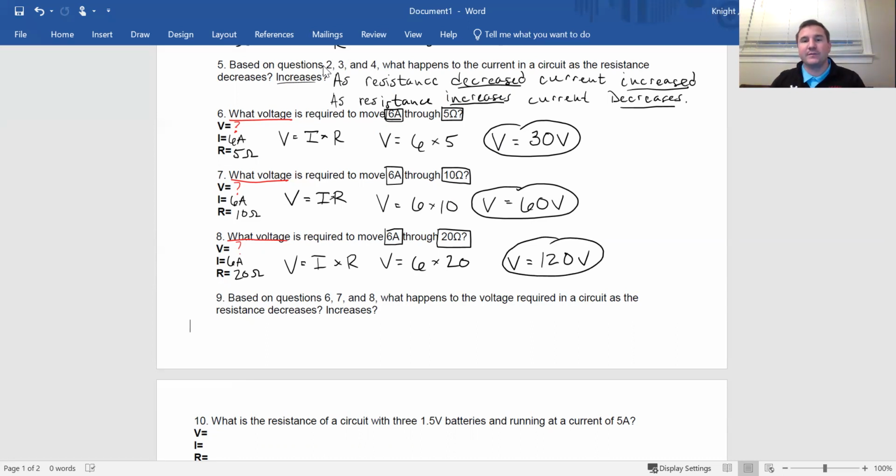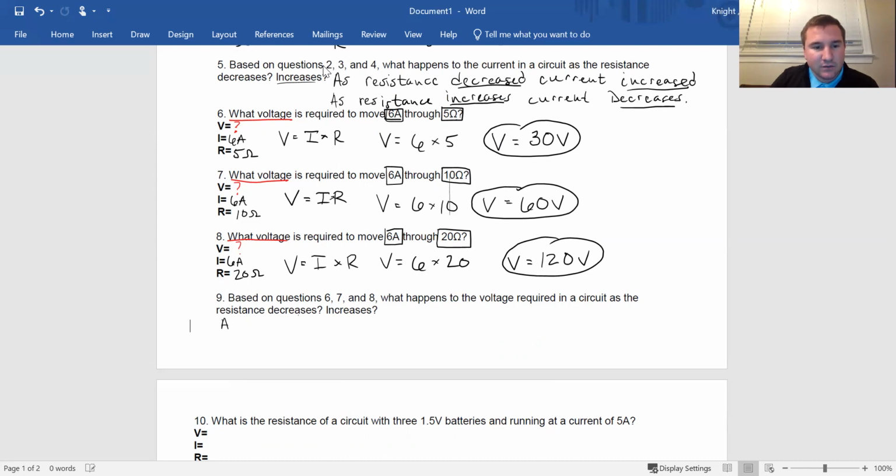All right. So 3 questions about voltage. Current stays the same, resistance is increasing. So based on 6, 7, and 8, right, our answers here. What happens to voltage as the resistance decreases or as the resistance increases? So we can see in our problem here, 5 to 10 to 20, the resistance was increasing. Well, what happened to the voltage as the resistance increased? Well, we went 5, 10, 20, 30, 60, 120. They were both increasing.